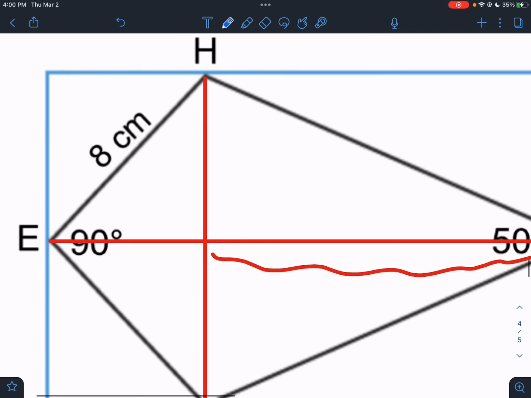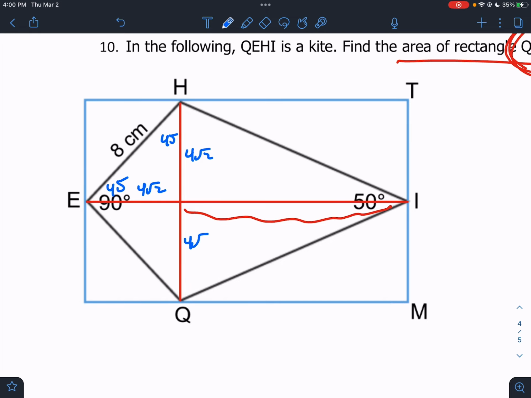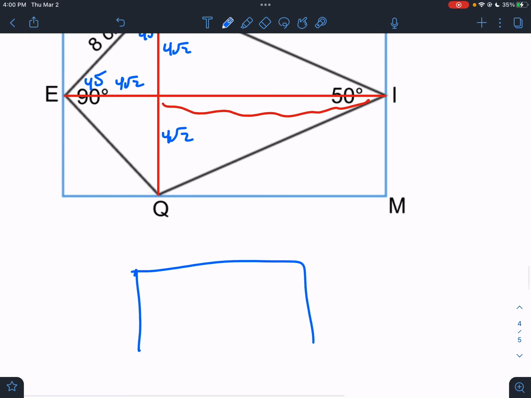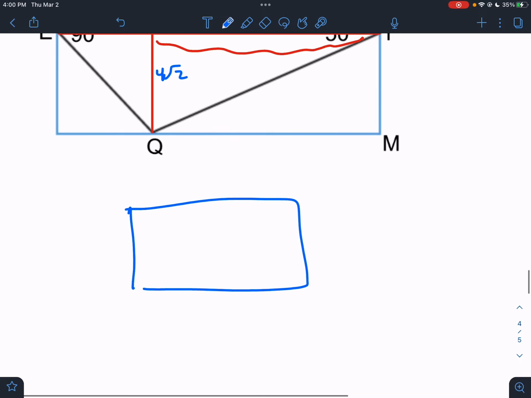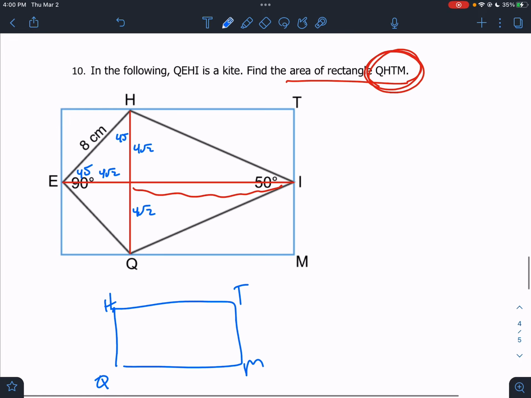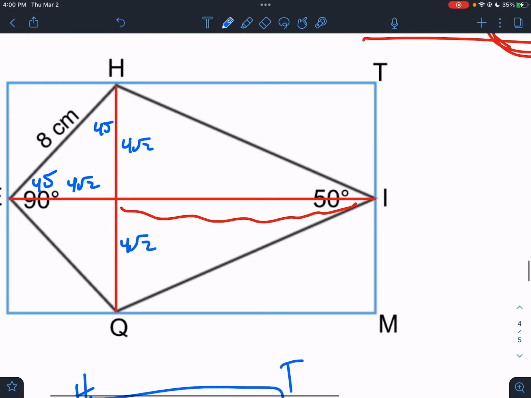If that's 8 and that's 90 because it's a kite, this is a 45-45-90. So this would be 4 root 2, this would also be 4 root 2, and that would make this 4 root 2. Focusing on rectangle QHTM, Q to H, I know, is 8 root 2. I got that from the kite properties.